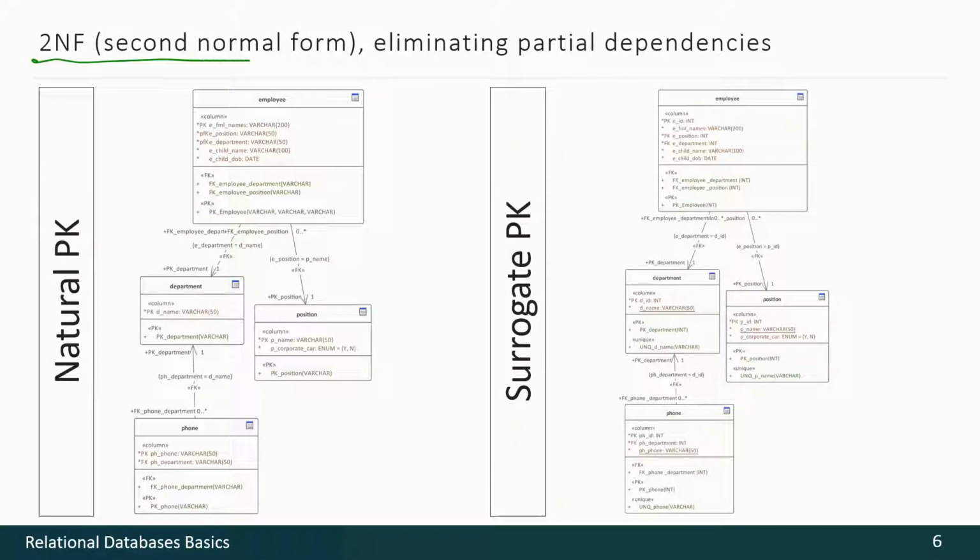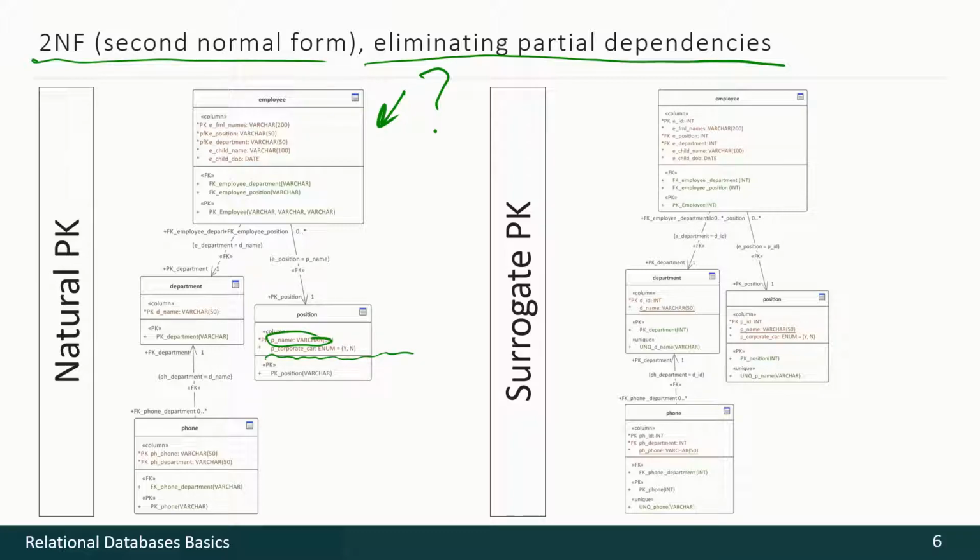With second normal form, we have to eliminate partial dependencies. What partial dependencies did we have here, as long as this is the final situation? We see that the information about whether a corporate car should be available to an employee or not is dependent on the position only.